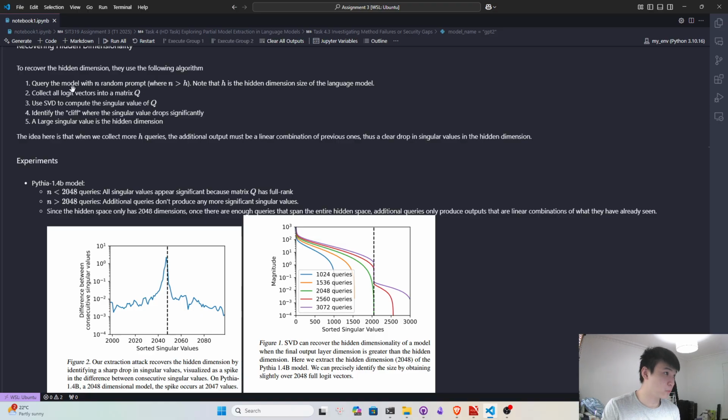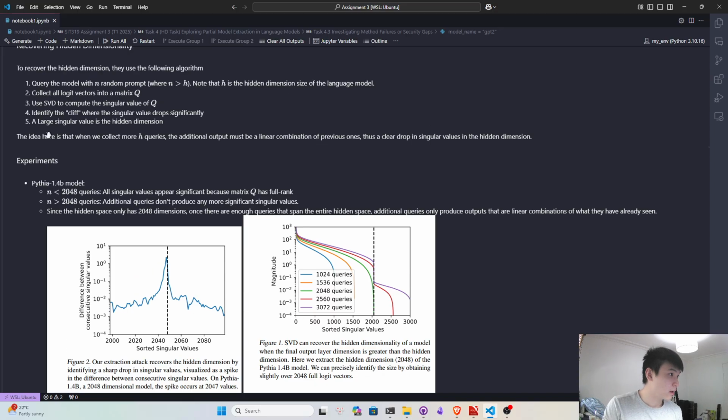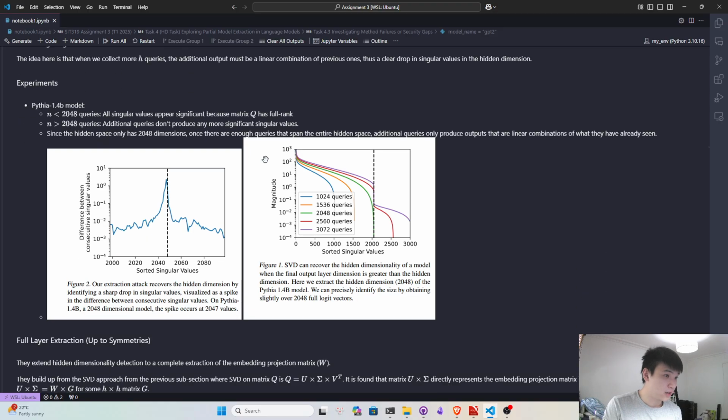So we query n random prompts, and we collect the logit vectors into a matrix Q, and we use SVD to compute the singular values, and we identify the cliff. In our case, it is 2048 queries, and the number of large singular values is the hidden dimension.